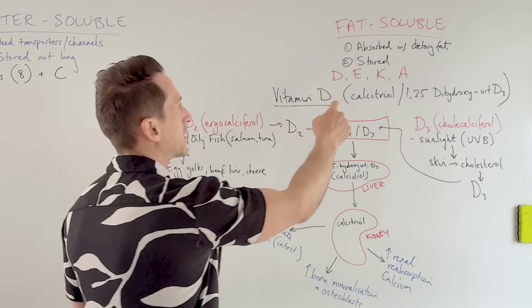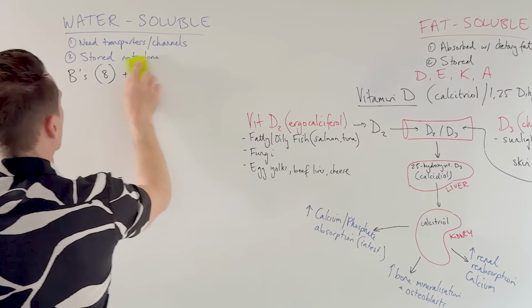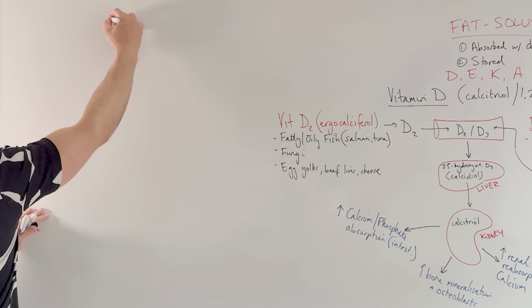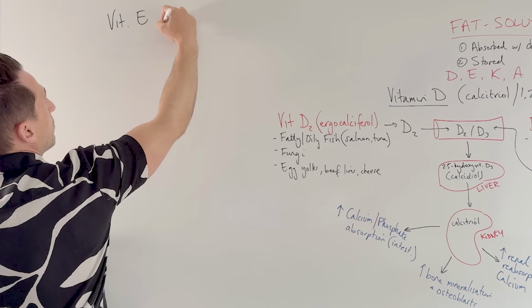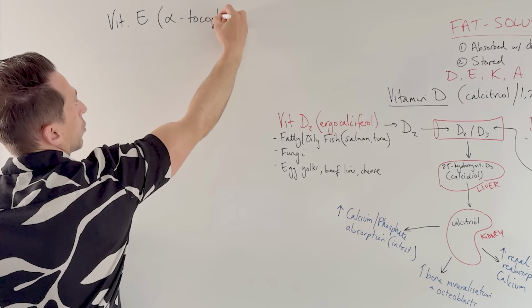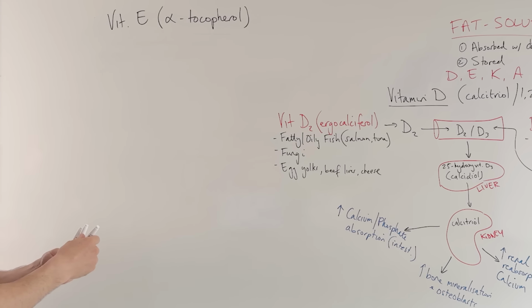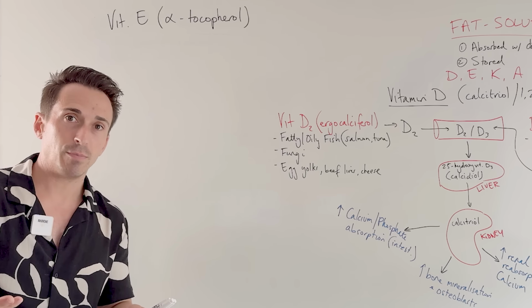Let's now take a look at the second one, vitamin E. So let's get rid of this at the moment and have a look at vitamin E. Vitamin E. Now vitamin E has another name. Its name is alpha tocopherol. Alpha tocopherol, and it can be obtained through a number of important sources.